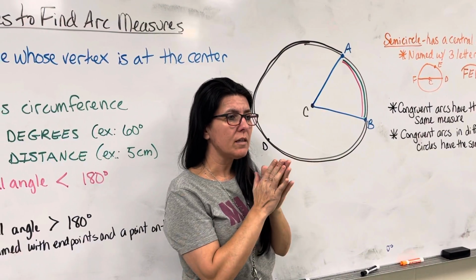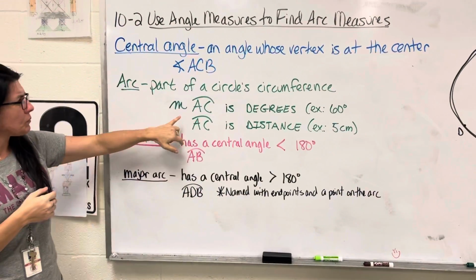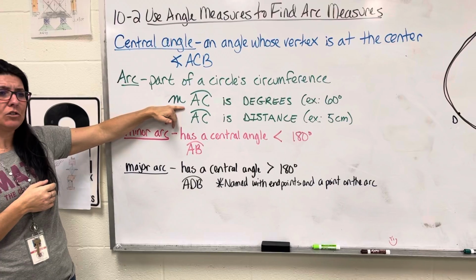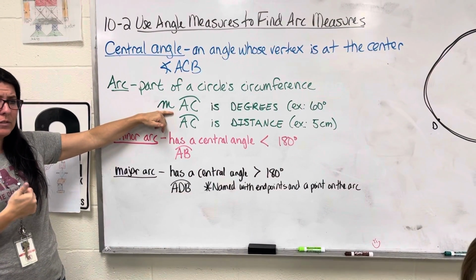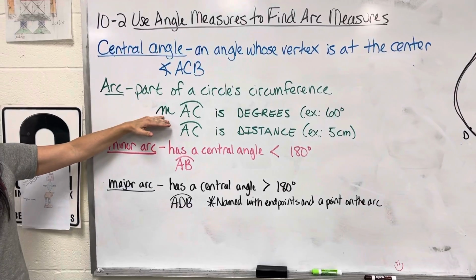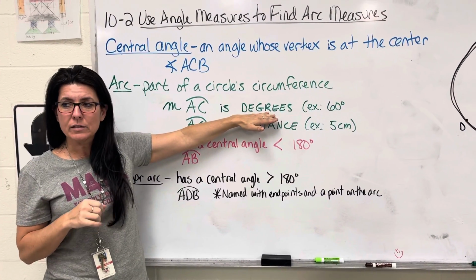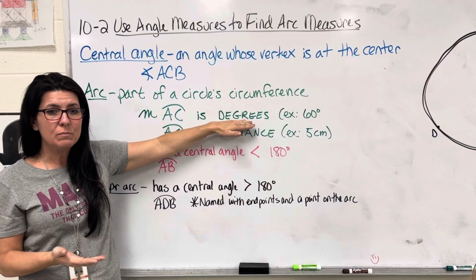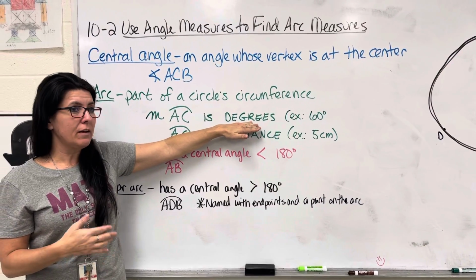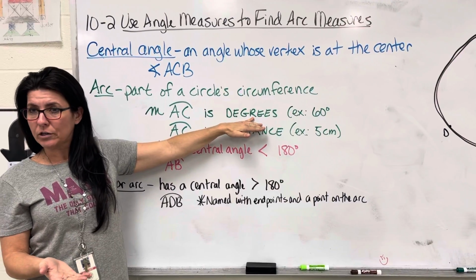So you have to also see that there are two different ideas here. When I'm talking about an arc, I could be talking about the measurement of the arc in degrees, like what I was talking about a minute ago. And when I'm talking about degrees, it's saying the measurement of. So when it says the measurement of AC, I'm looking for degrees. So it's important that you see what those notations mean. Are we looking for something like 5 degrees or 27 degrees, 310 degrees?